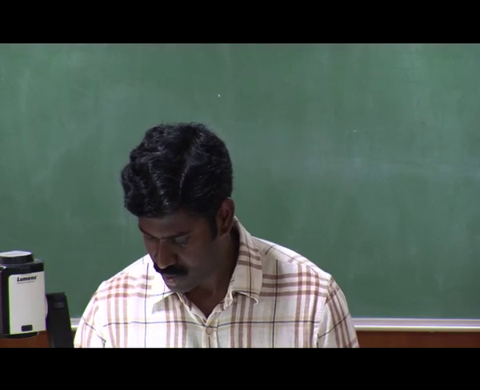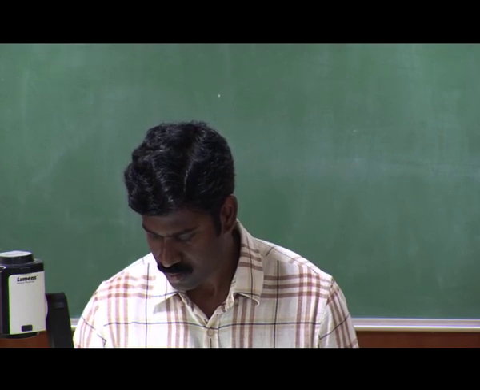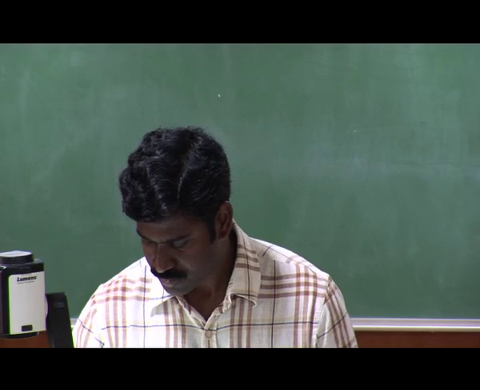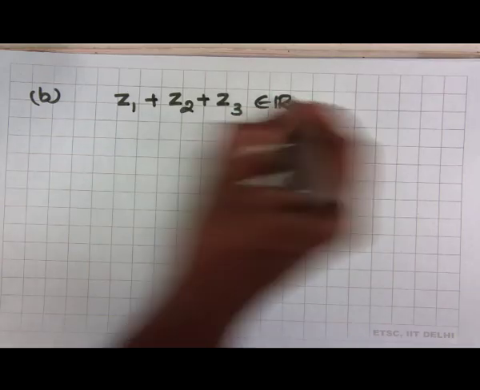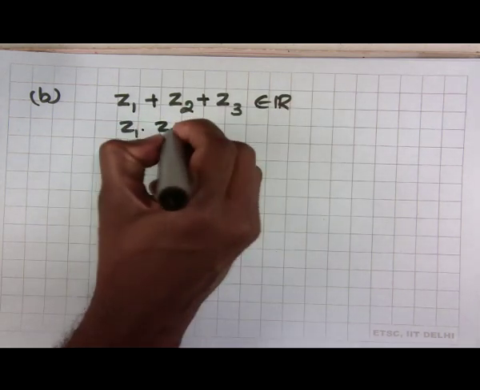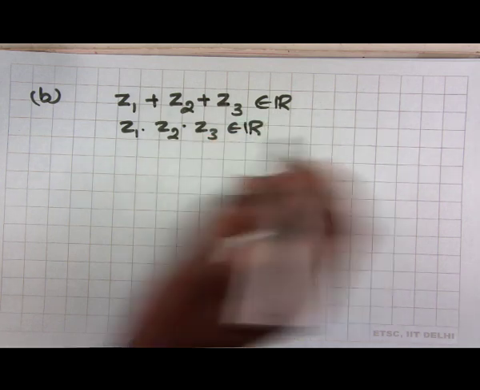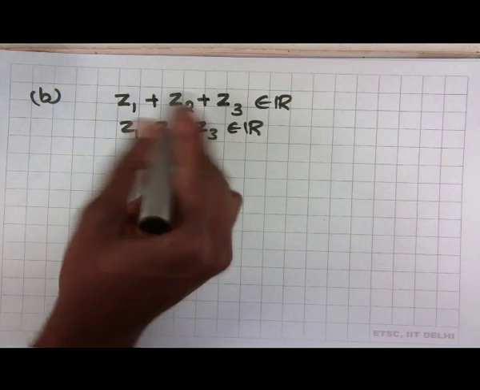So, what we are demanding is you give me 3 numbers, so the sum must be real. I am just repeating what our given assumption is. So, we are looking for a triple which satisfies this condition.